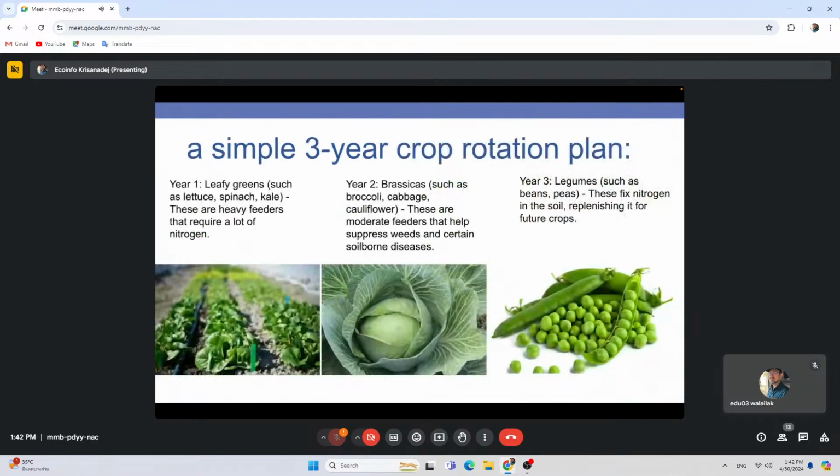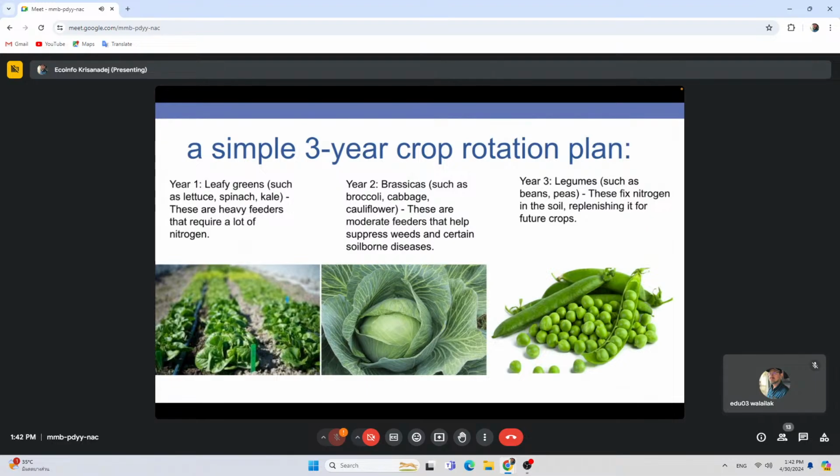Okay, next slide please. This is an example of a 3-year crop rotation cycle. You can start with leafy greens, like lettuce or spinach or kale. They require lots of nitrogen for the first year, and then the next year you go for broccoli or cabbage, and then the third year you put the nutrients back by doing legume.